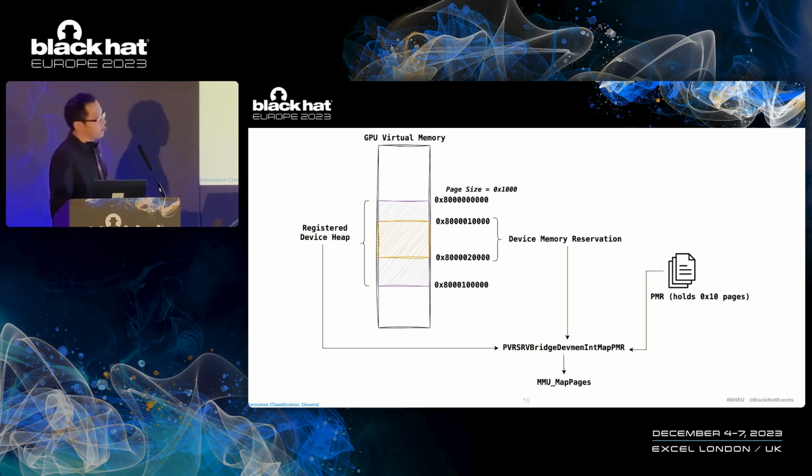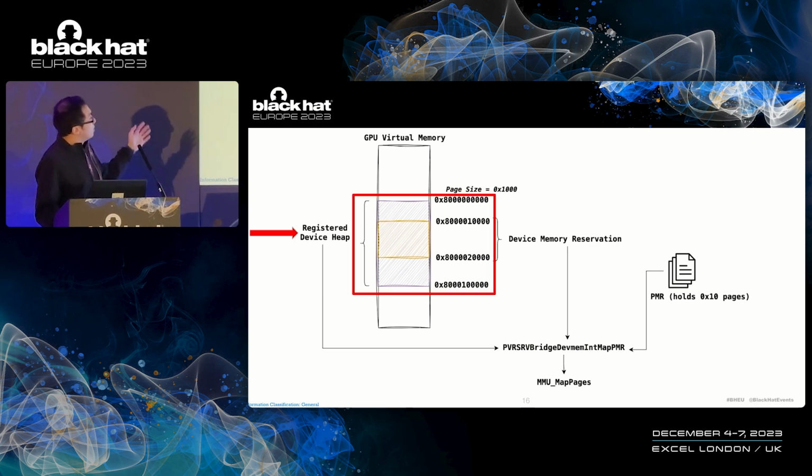So for example, we can register the device heap memory inside of the GPU virtual memory space, as you can see in this purple area, and the address 0x8 followed by a bunch of zeros is the starting address of the so-called general heap area according to the GPU virtual memory layout. And that means the users can freely read and write this memory space.